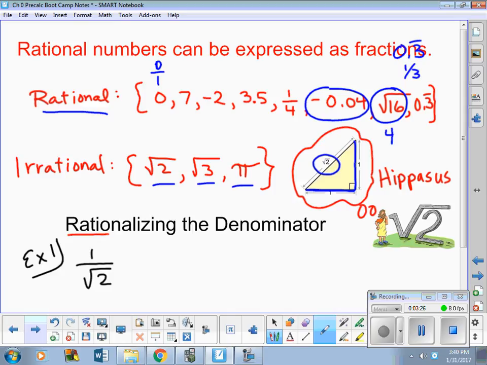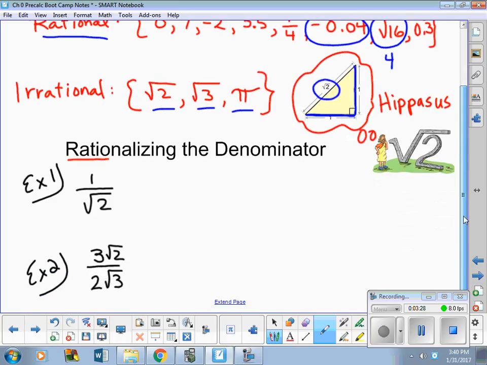So mathematicians agree on a certain format of writing fractions, and that is the denominator of a fraction cannot have an irrational number in it. So we're going to do a process right now called rationalizing the denominator. We're going to take 1 over root 2, example 1 here.